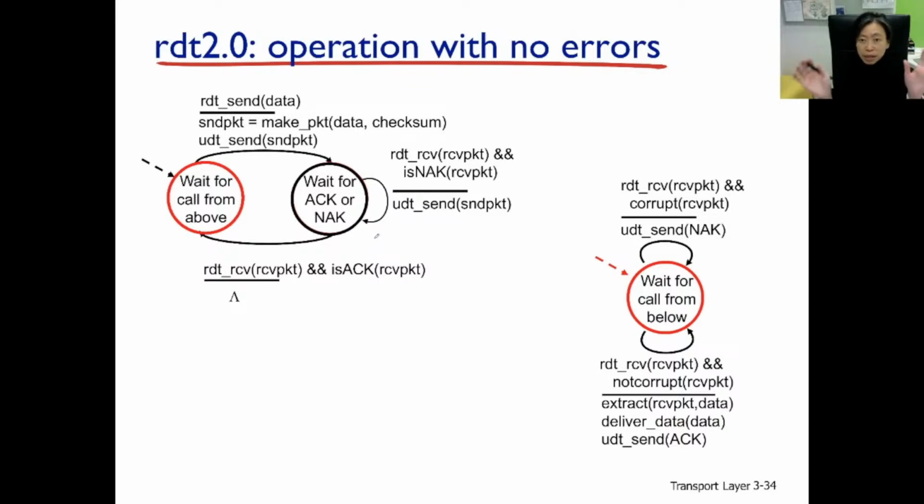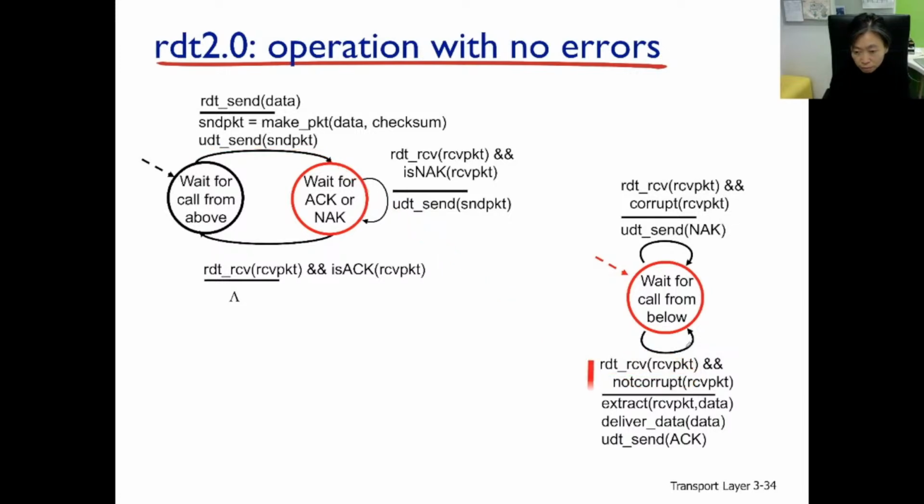Okay, let's do it again. At the beginning, starting state here, the sender gets a call from above, triggering these actions, taking a transition, and the message is going to reach the receiver here. It matches this condition.